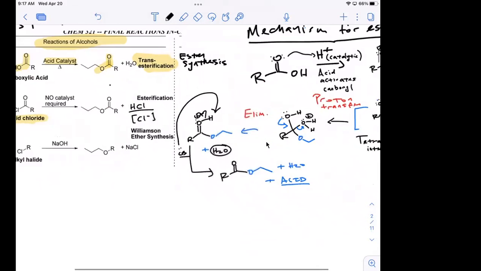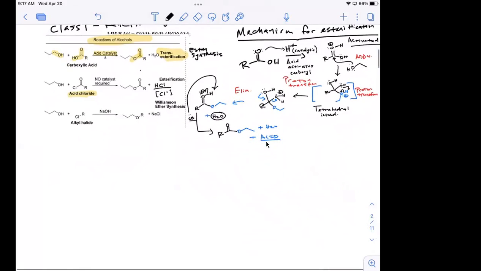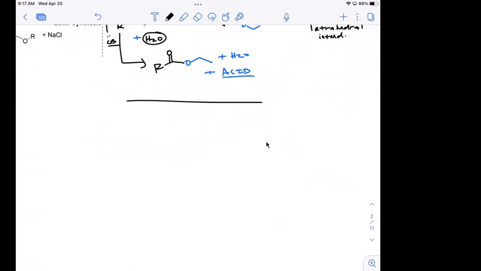All right, any questions about that mechanism or that reaction? And again, if you go through it with the acid chloride, the first step is attack or addition of your alcohol to that carbonyl, right? So let me just show you because this is a much shorter mechanism.